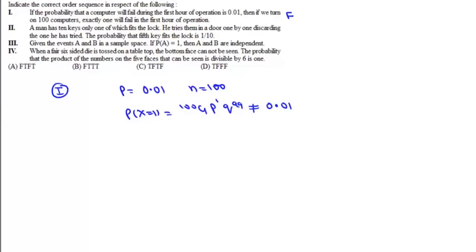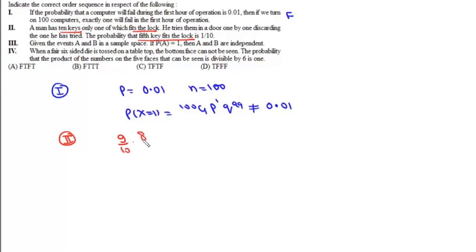Now what about the second one? Now second one, it says a man has 10 keys, only one of which fits the lock. He tries them in a door one by one, discarding the one he has tried. Now we need to find the probability that fifth key fits the lock is 1 by 10. Now first one, it should be a failure, so it will be this 9 by 10.